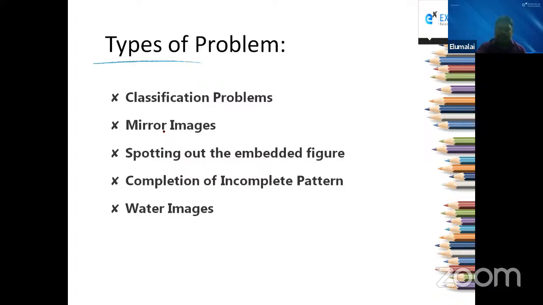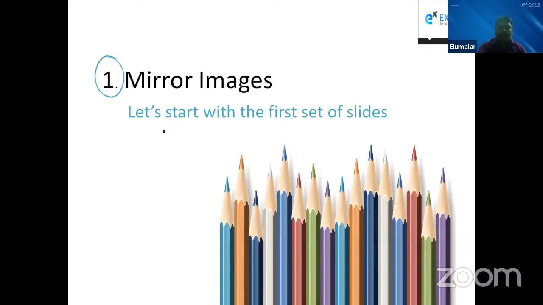Someone tell me, what is the difference between the actual image and the mirror image? For example, if I have a pen in my hand on the right-hand side, then in the mirror image it will be on the left-hand side, isn't it?